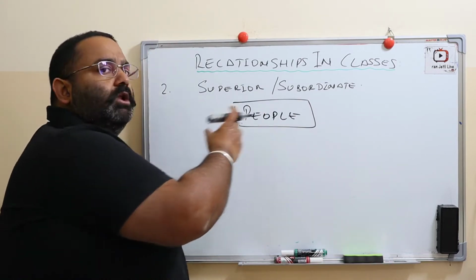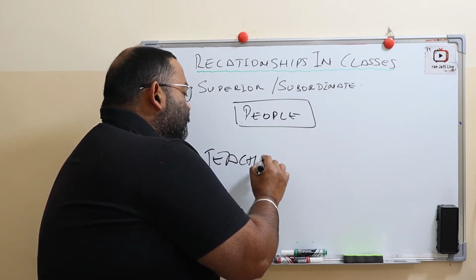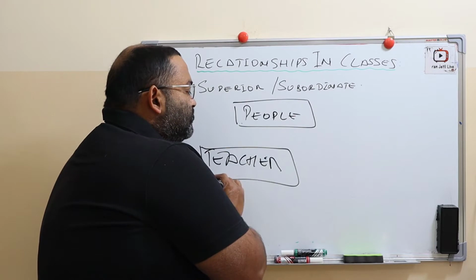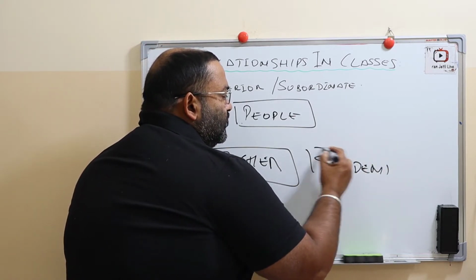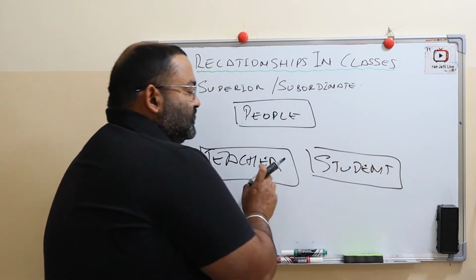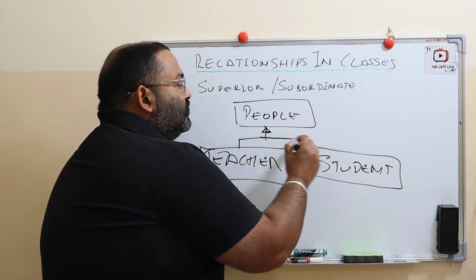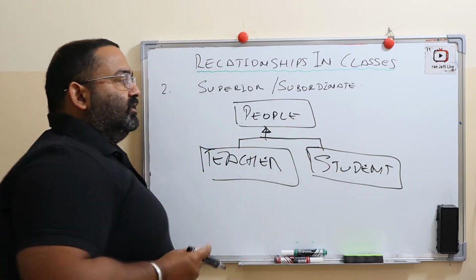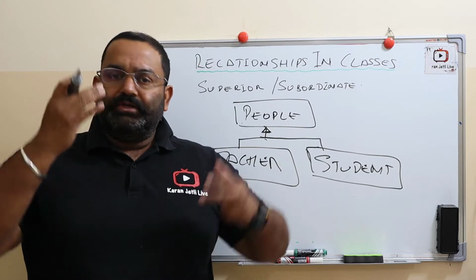For example, all are people, some people are teachers, and some people are students. But both of these classes inherit the attributes of a superior class called people, meaning all the people have two eyes, one head.